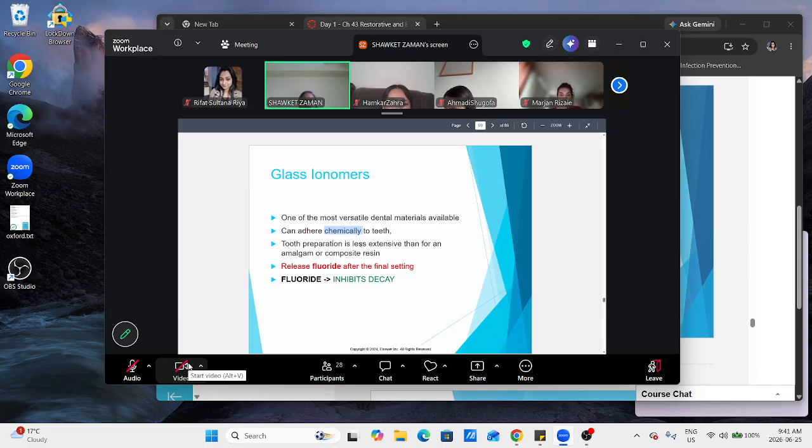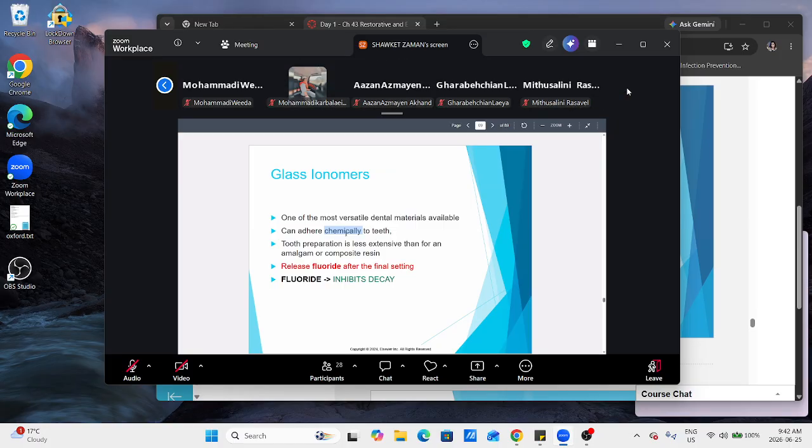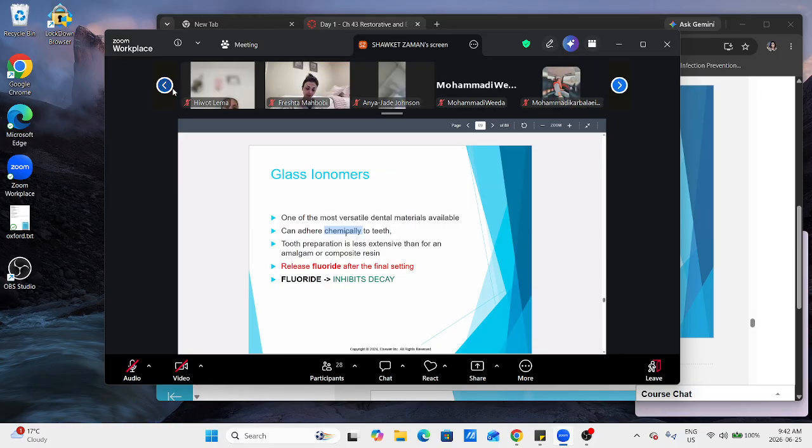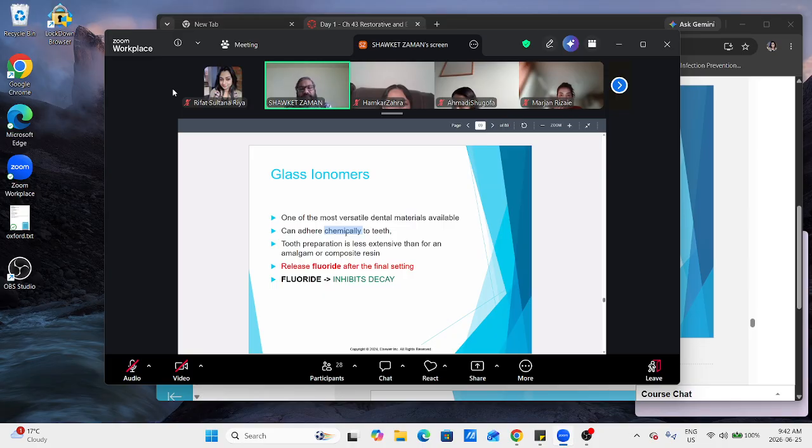Tooth preparation is less extensive than that of amalgam or composite resin restorations, as it is attached to the tooth surface by chemical reactions. So the preparation of the tooth is a very simple and easygoing process.